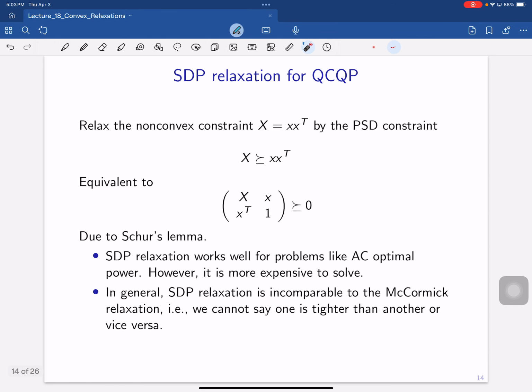Now, since you mentioned SDP relaxation, let's revisit SDP relaxation again. So how do we derive the SDP relaxation? Remember, we have this non-convex constraint, the lifted variable equals x times x transpose.